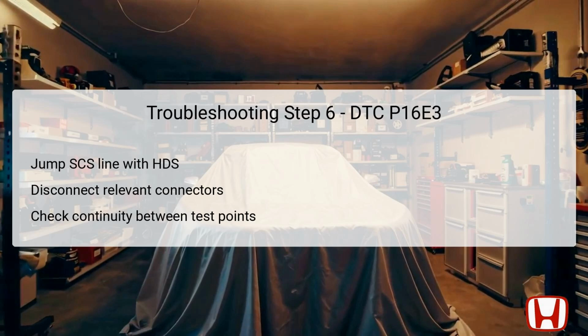After that, disconnect the battery sensor 2P connector and the PCM connector B to facilitate a thorough inspection of the circuit. Measure the continuity between test points 1 and 2 at this point, where test point 1 should connect with PCM connector B number 16, and test point 2 with battery sensor 2P connector number 2.